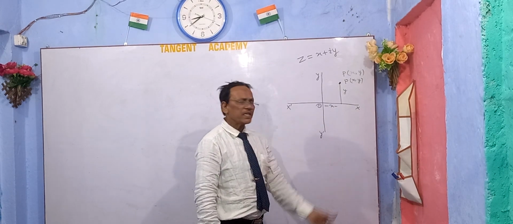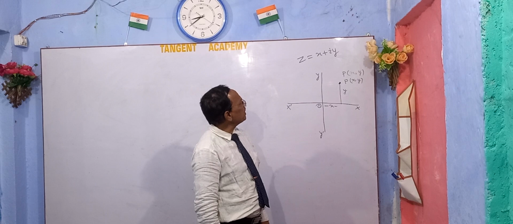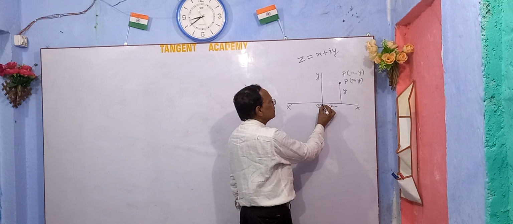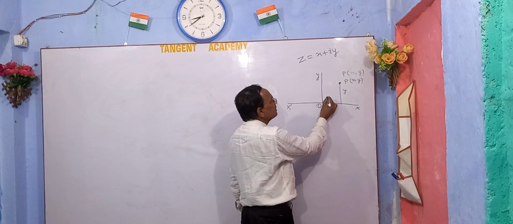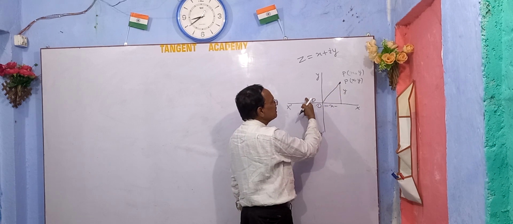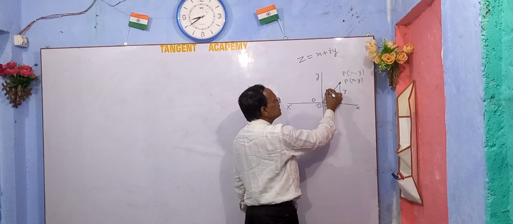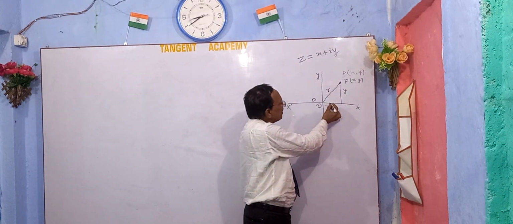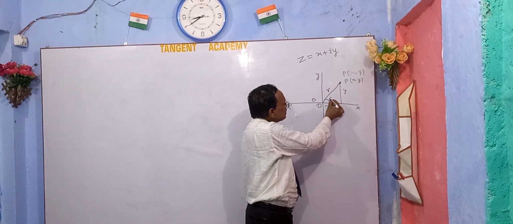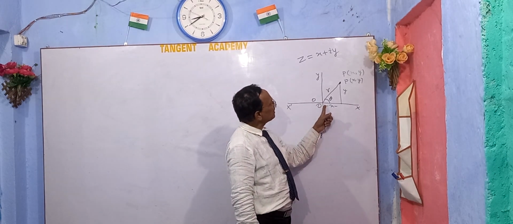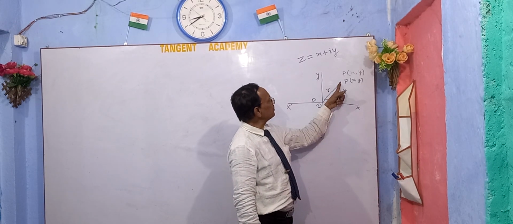There is another way to reach that point. When the magnitude of the length OP is given, let the origin be named O, and the inclination of this very point, theta, is also given, then in this way also we can reach the same point P xy.